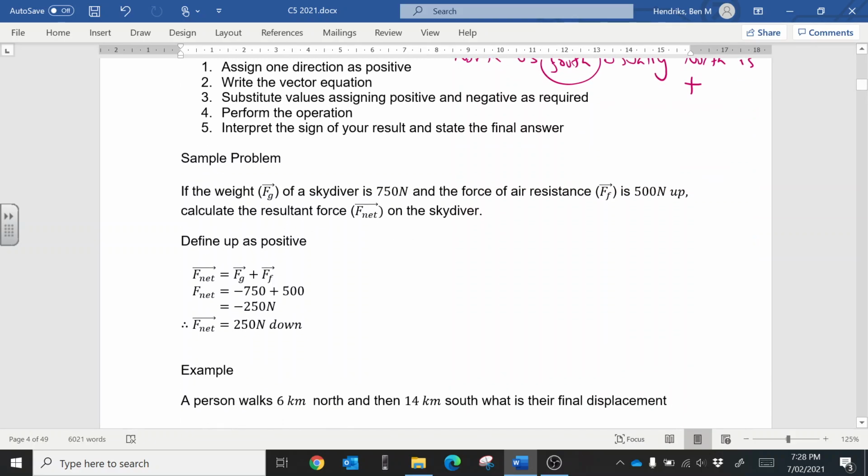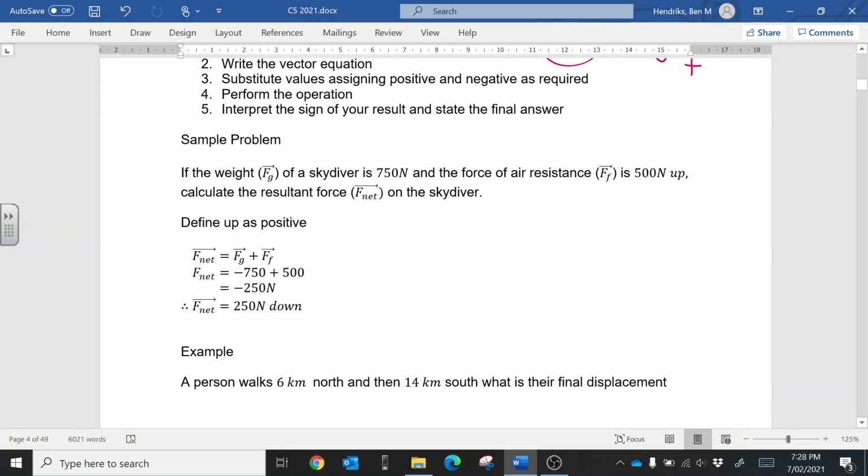So here's a sample problem. If the weight of a skydiver is 750 newtons, and the force of air resistance is 500 newtons up, calculate the resultant force, F net, on the skydiver. Now, just before we look at this problem, weight, as we'll come to know in this course, is actually a force and measured in newtons, compared to what everyday usage of weight is, usually in kilograms.